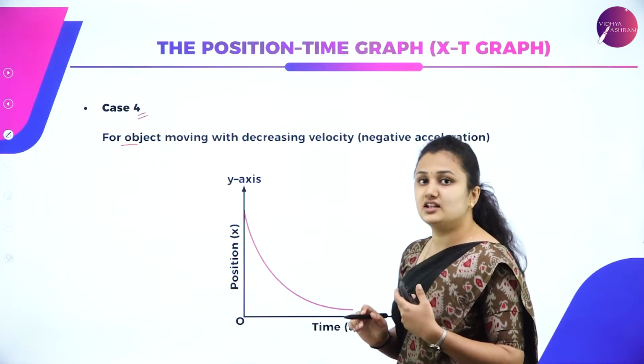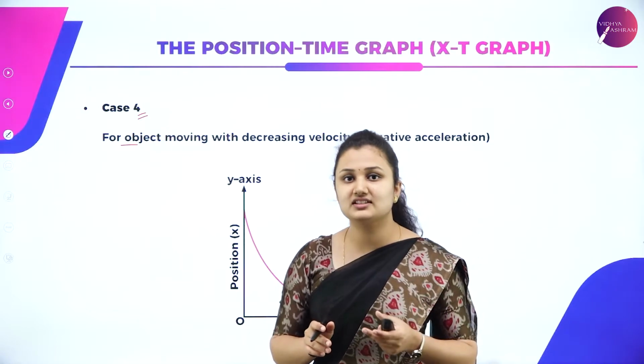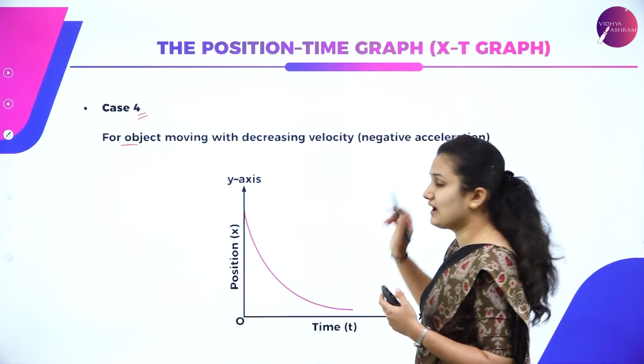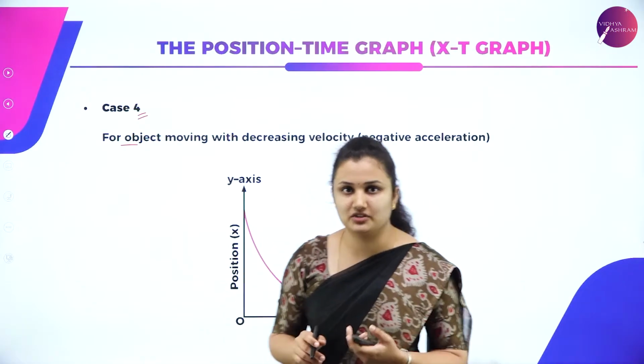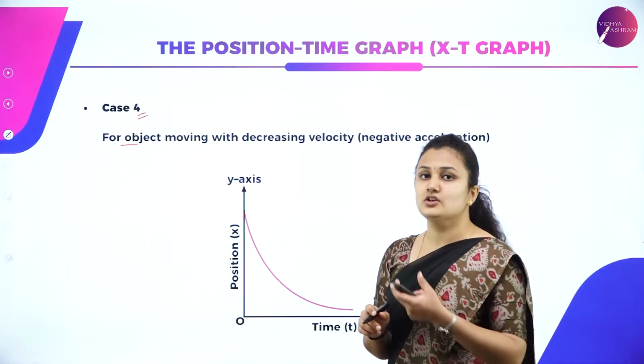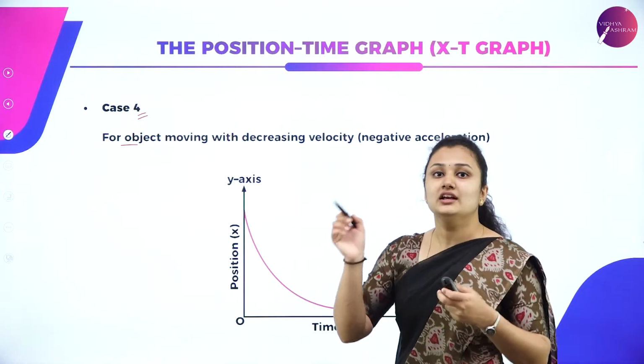I have said in the previous session, in session 2, that if you have decreasing velocity, negative acceleration, we call it deceleration or retardation. Please watch the previous session to understand what is deceleration or retardation.